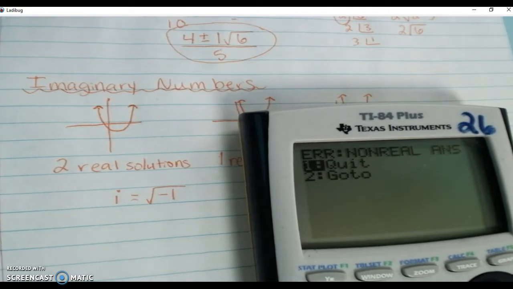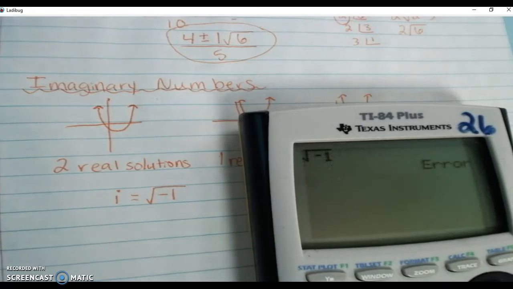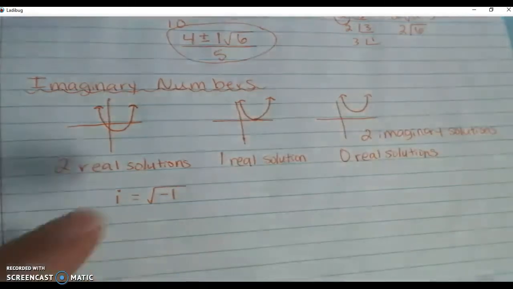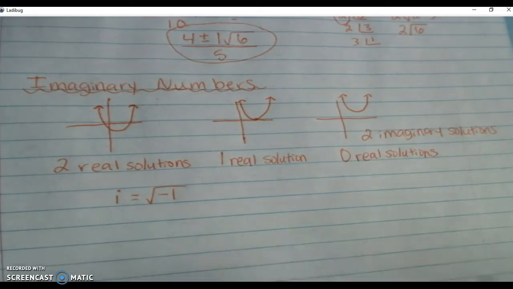Just like if you had a little imaginary friend. So it is an i. And the only thing you have to know in Math 2 is i equals the square root of -1. When you get to Math 3, you'll do a little bit more with them. But for us, all that's important is that i exists in the world. And it is the square root of -1.